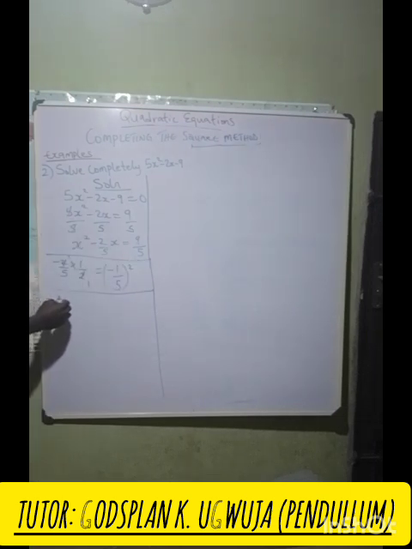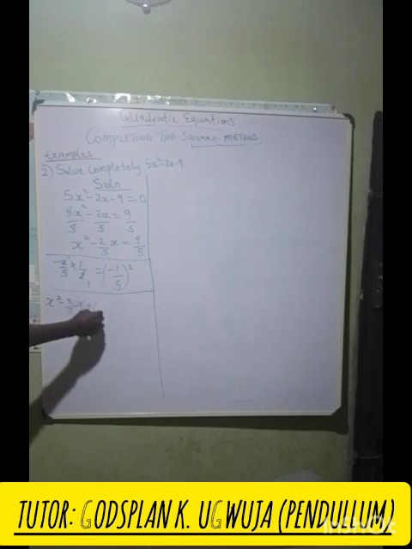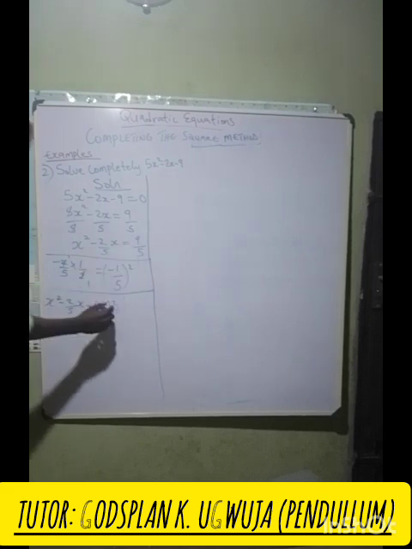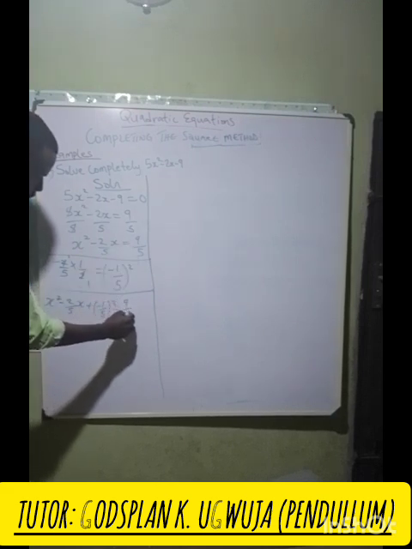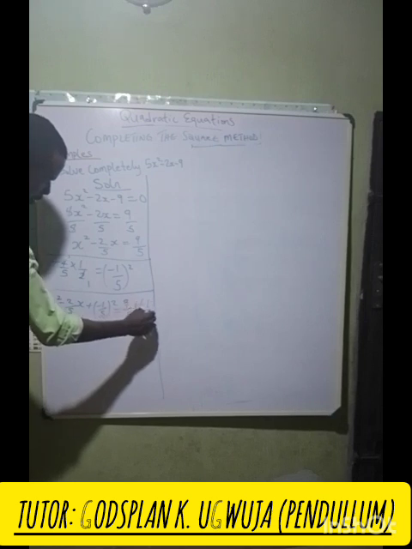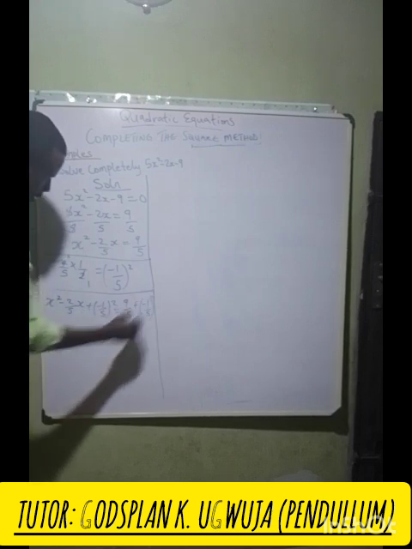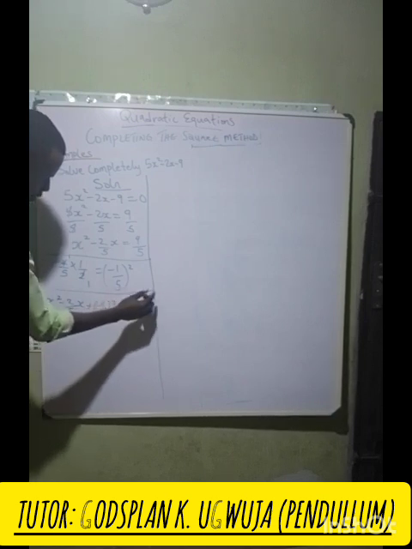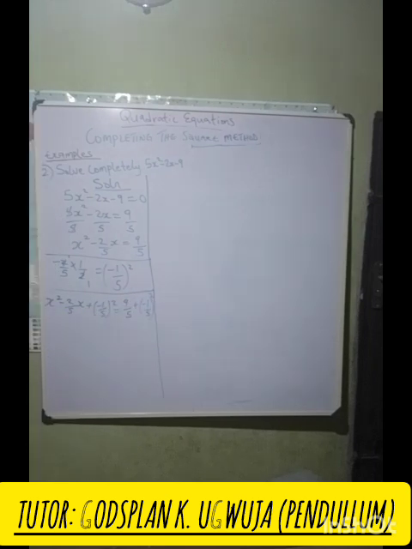That means we're going to get x squared minus 2 over 5x plus minus 1 over 5 squared is equal to, on this other side, 9 over 5 plus minus 1 over 5 squared. Then on this side, remember, it is a difference of 2 squares.